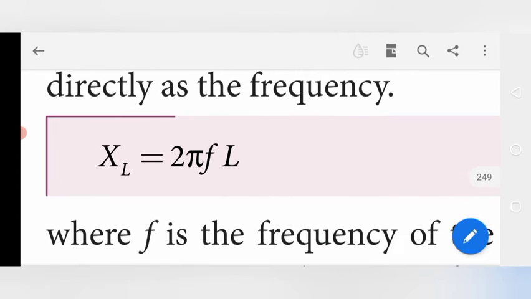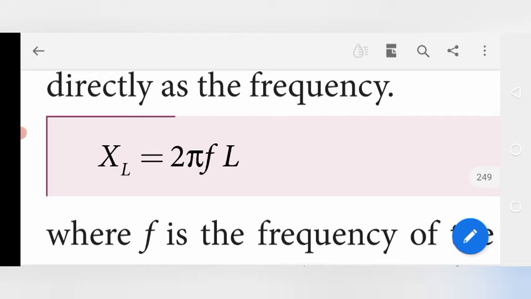Here, for a steady current, meaning DC current, the frequency value becomes 0. So that's why the inductive reactance is also 0. That means in DC current the inductor acts as a plain conductor, because it does not block the current.